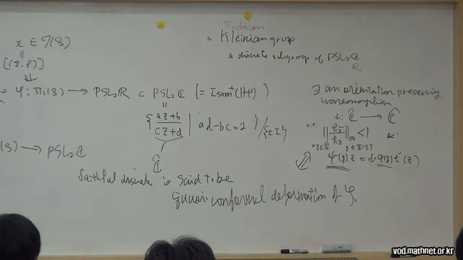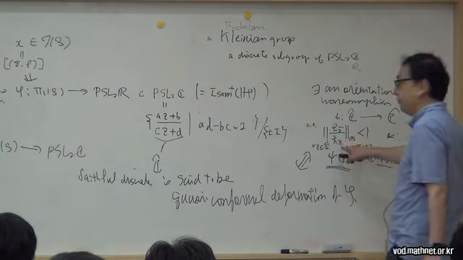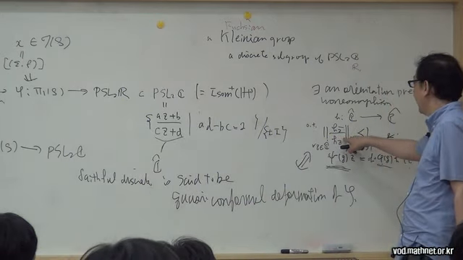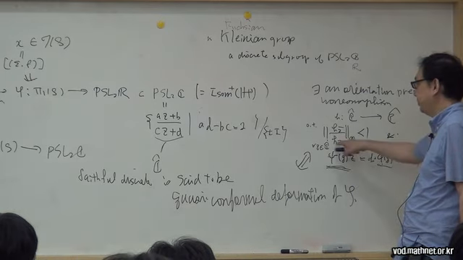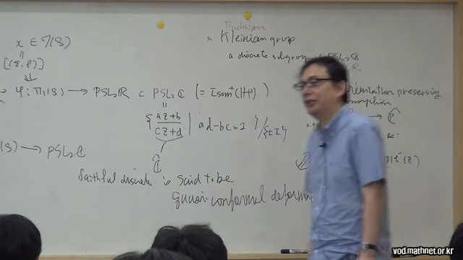Is it clear? Any questions about the definition here? The condition is that the Beltrami coefficient at each point is less than 1. This is an essential sup norm.